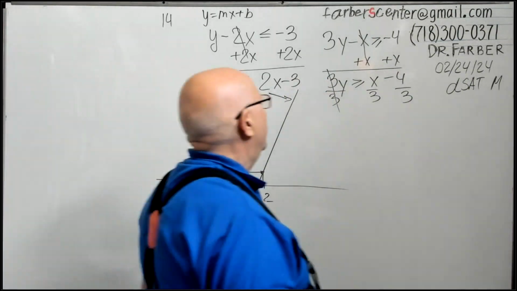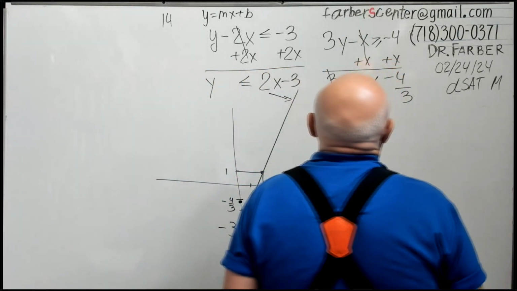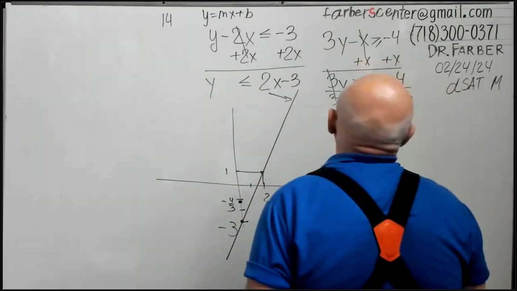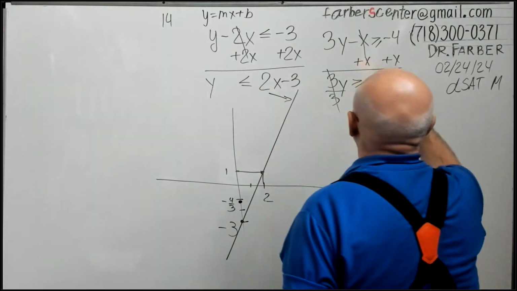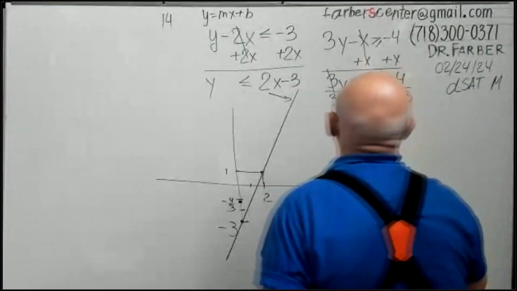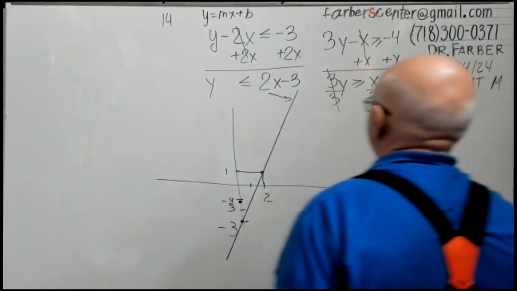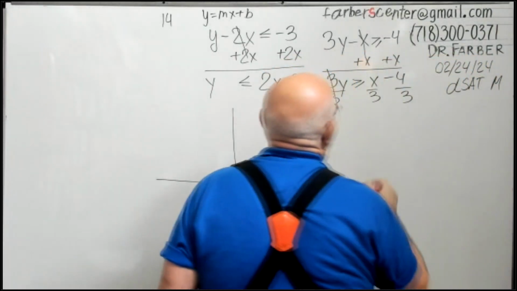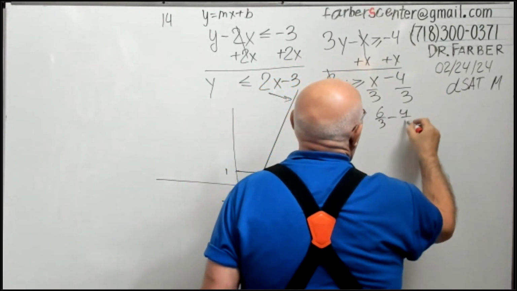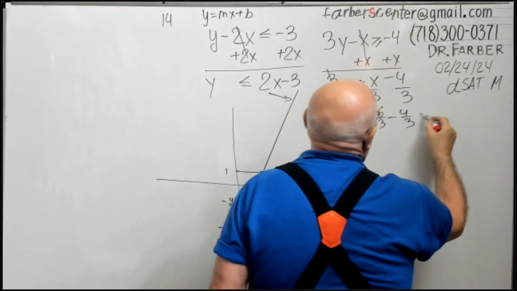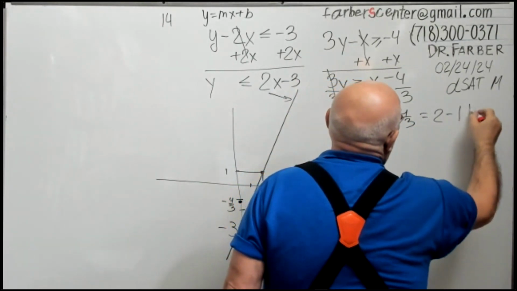Okay. And when x equals, let's say, 6, I choose convenient numbers here, it would be 6 over 3 minus 4 over 3, which is 2 minus 1 and 1 over 3.